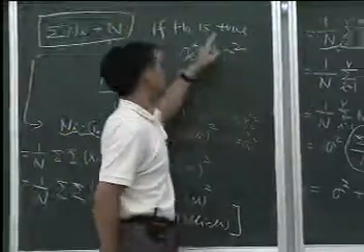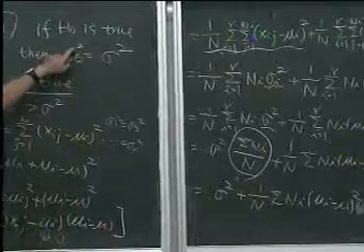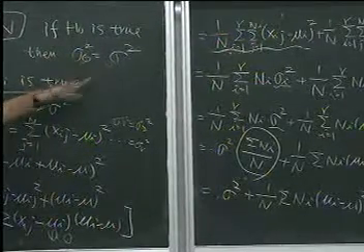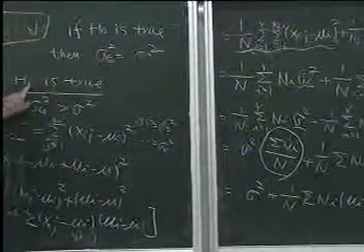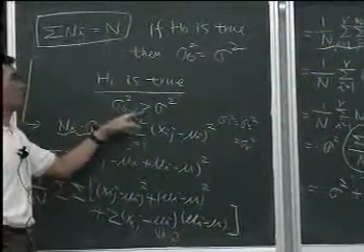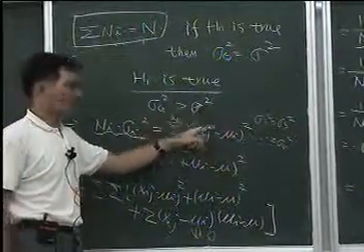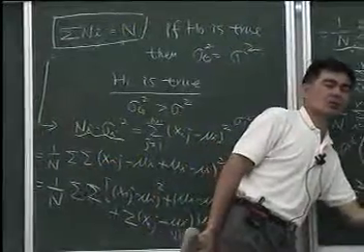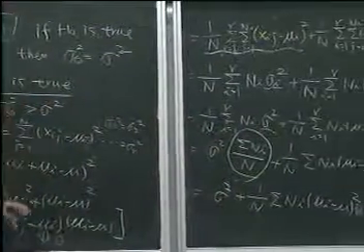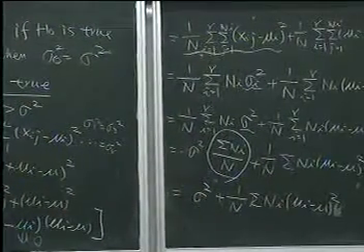So if H naught is true, then sigma g squared must be equal to sigma squared. But if H1 is true, then sigma g squared must be greater than sigma squared because of the terms here. Any more questions?